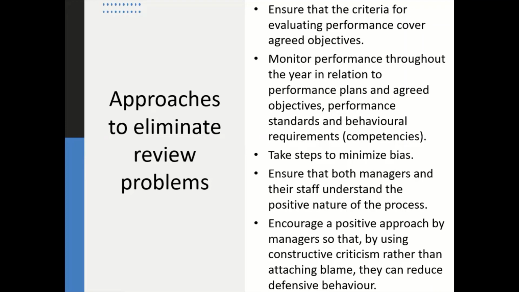And then take steps to minimize bias. So how can we minimize bias? When there are some relationships, we can identify such officers, and we should keep such officers away from performance reviews. Otherwise, they will favor some of the employees. So we have to take some steps to minimize bias, as I told you.